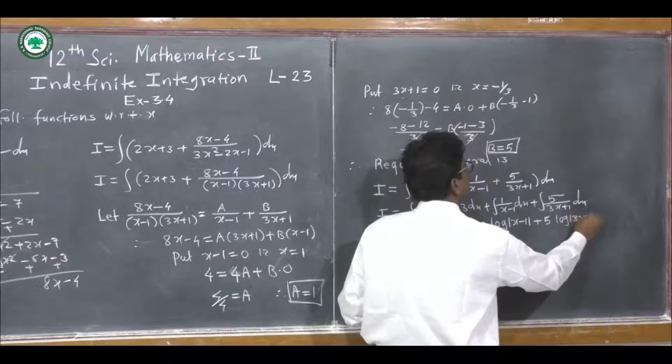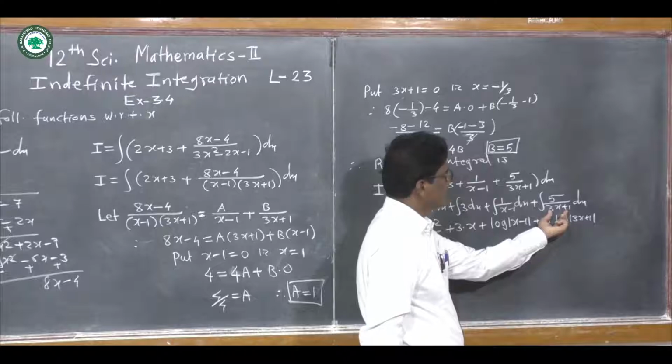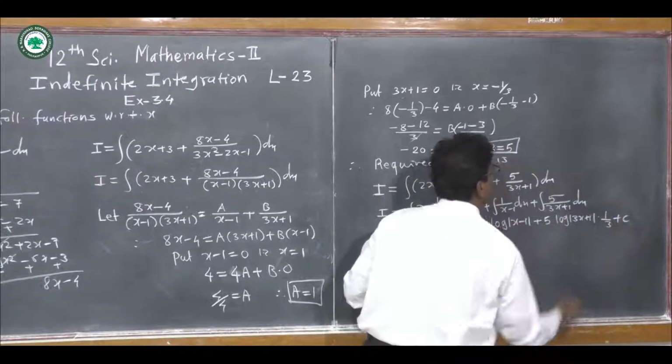In place of x there is 3x plus 1. Take the derivative of 3x plus 1 again. It is 3, divided by 3 means 1 upon 3, plus constant of integration.